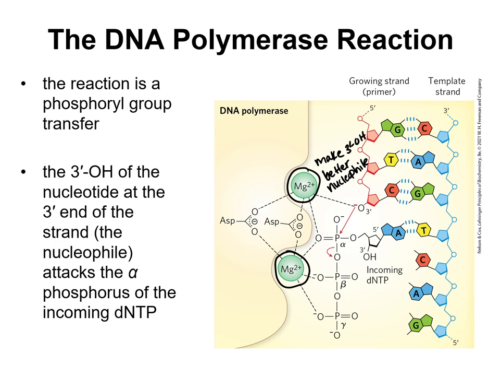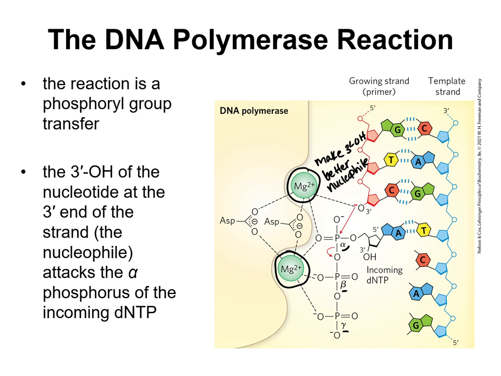The oxygen in the 3' hydroxyl is going to attack the alpha phosphate, which is the one that's closest to the pentose sugar. It's going to attack that phosphorus atom, and we're eventually going to get rid of the beta and gamma phosphates, so the last 2.